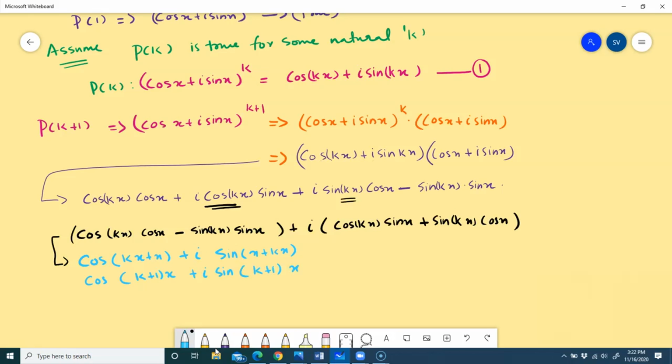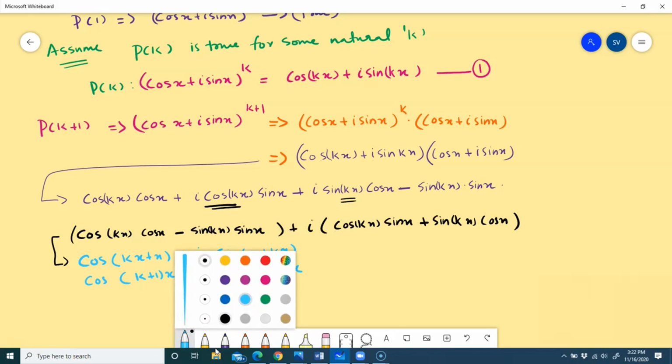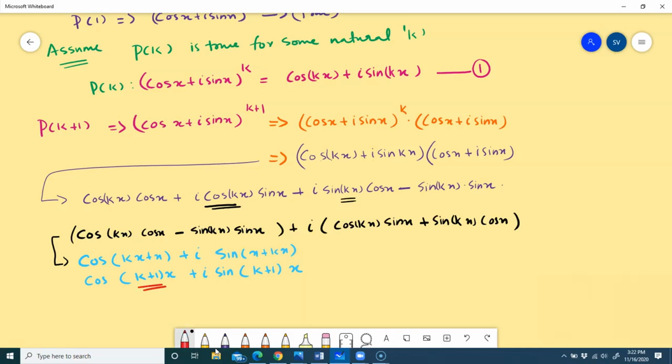See, that is important. We were actually looking for this k plus 1. From where did we start? We started from cos x plus i sin x to the power k plus 1.